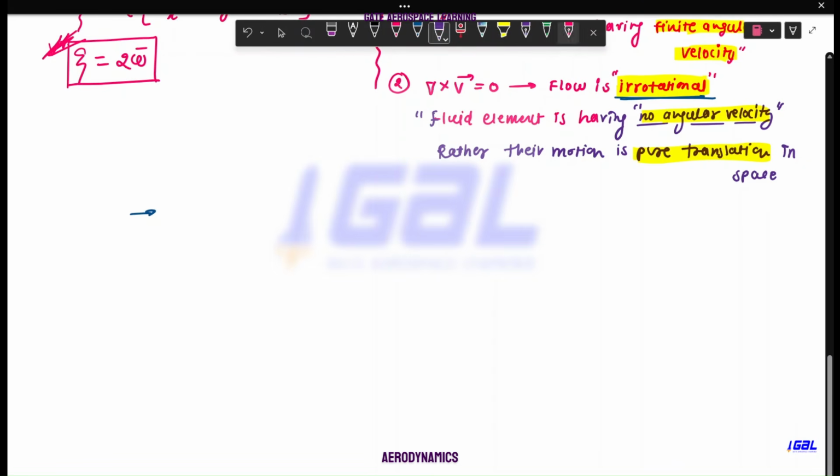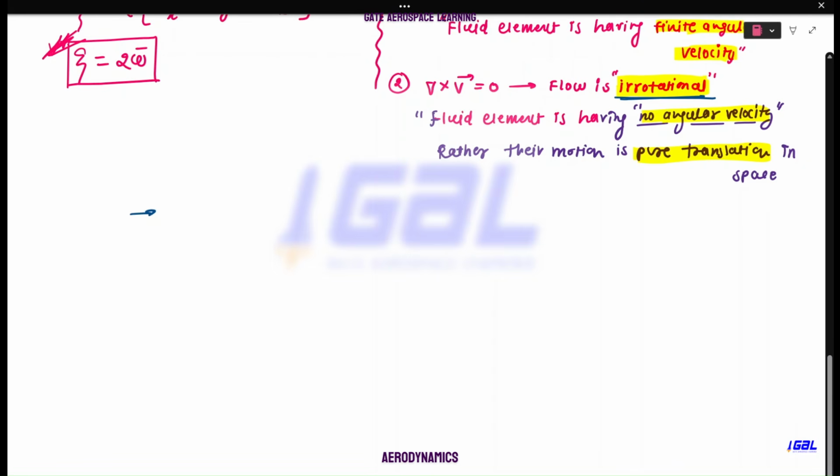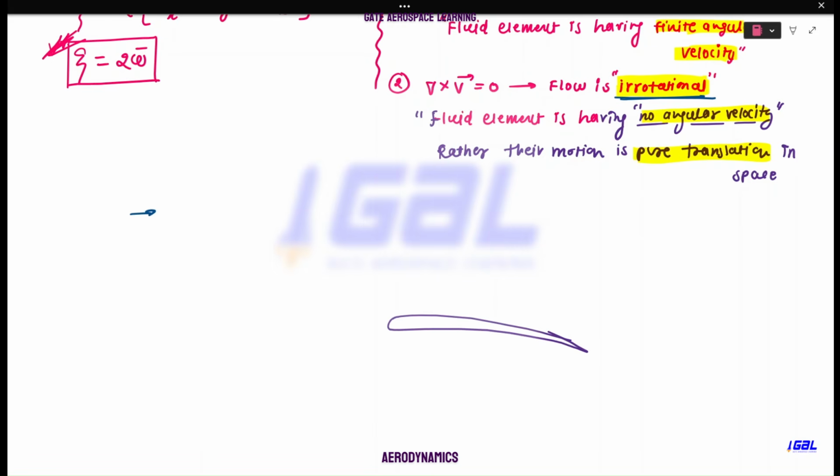So now, why rotational and irrotational flows? Analyzing irrotational flow is easier compared to rotational flow. Now from the application point of view, let's say you have a subsonic flow over an airfoil or over a wing.